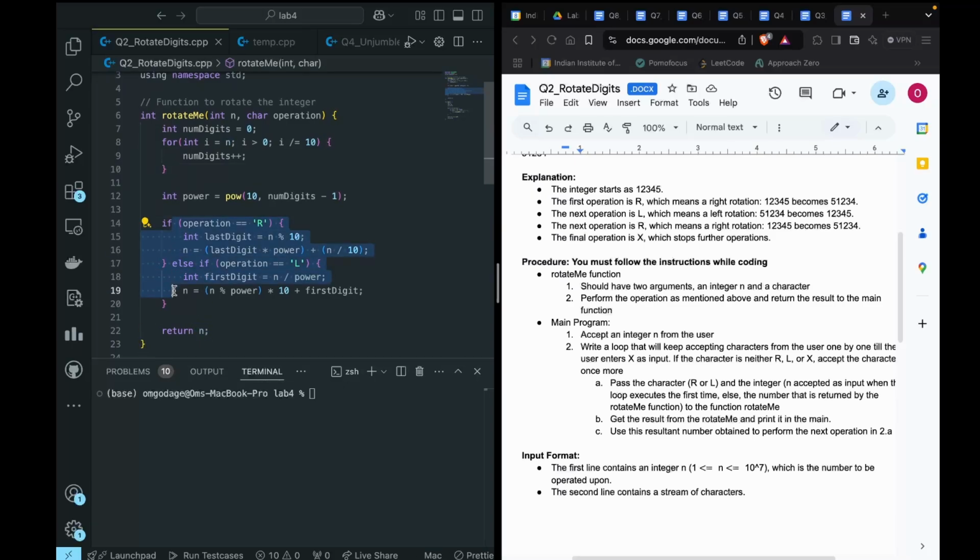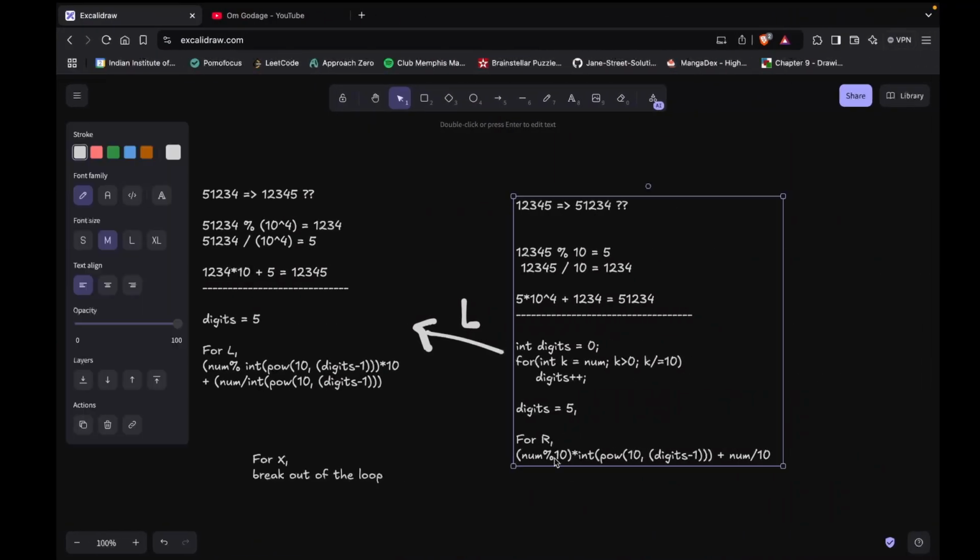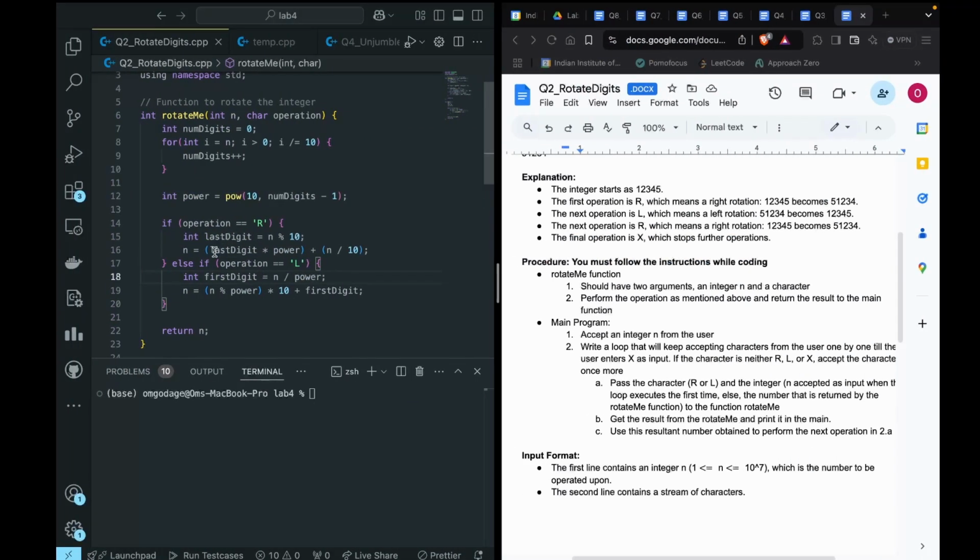Okay, so if the operation is r, the last digit is n%10, and then you multiply last digit with the power and then you just add n by 10.